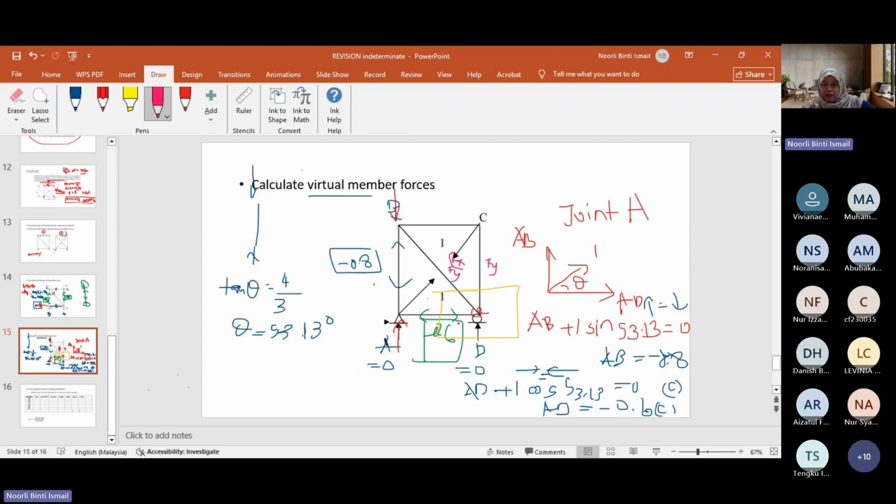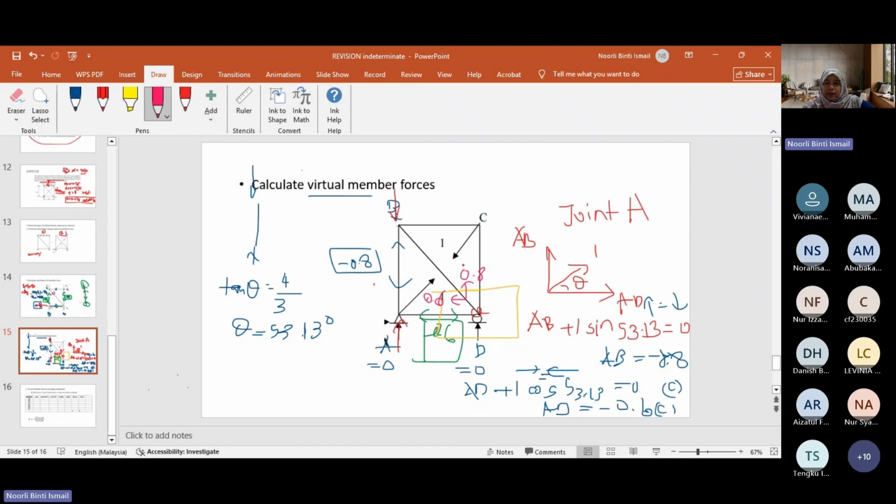Kena cari BD. So just now we already have this direction. So opposite would be like this. The value will be 0.6 lah. Okay. Jadi kalau you this one, if you want to apply alternative method, join also can lah. Okay, so 0.6, how about this? So the value will be 0.8.